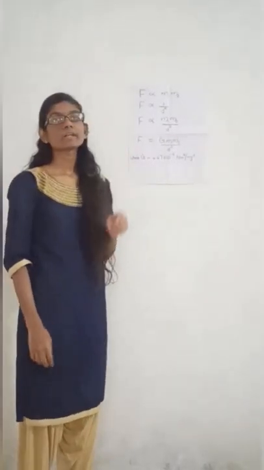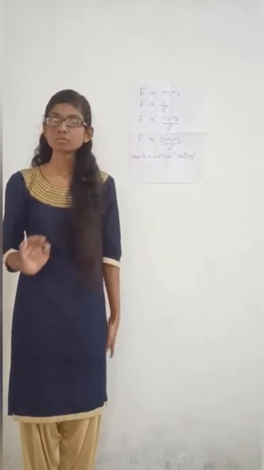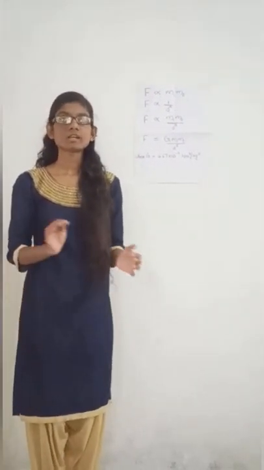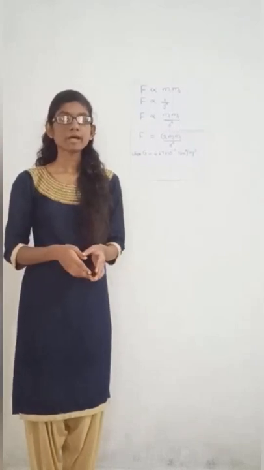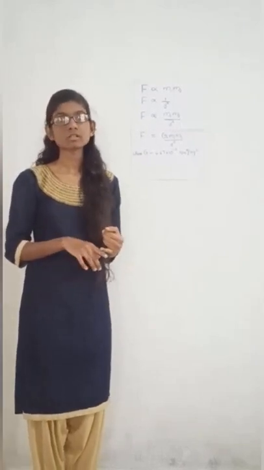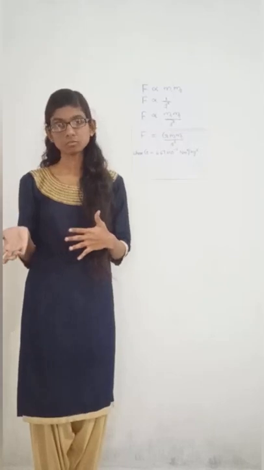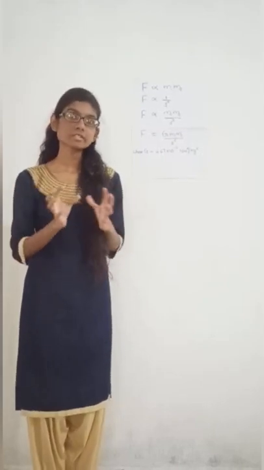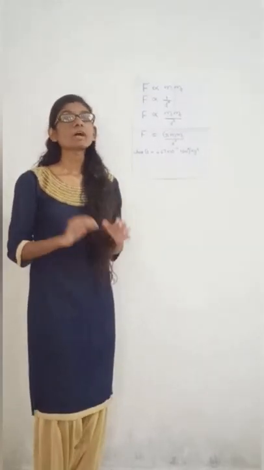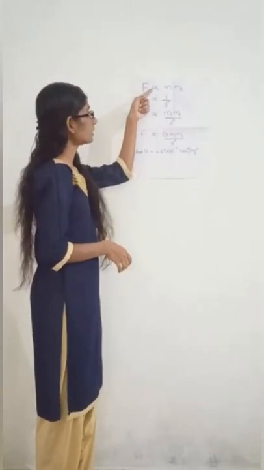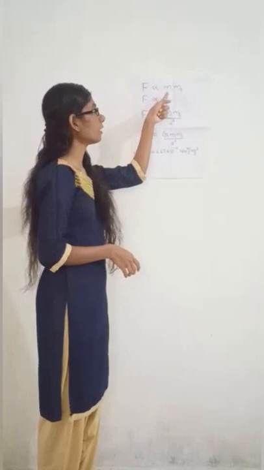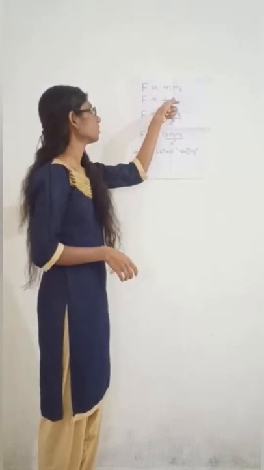Let m1 and m2 be the masses of two objects which are at a distance d apart. So, m1 is the mass of one object, m2 is the mass of the other object, d is the distance between them. According to universal law of gravitation, F is directly proportional to m1 m2.